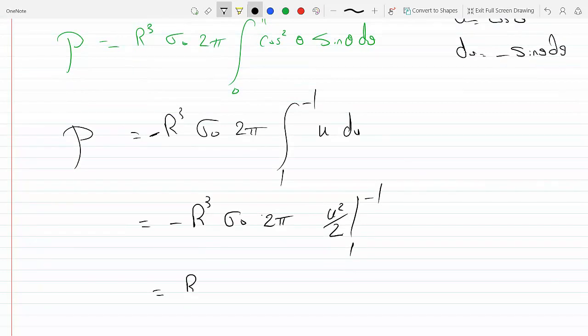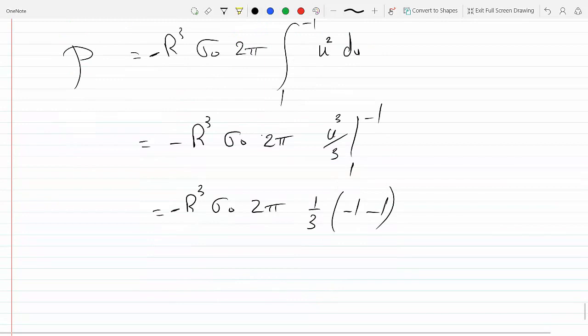So what do we get here? Wait, this is u squared. I messed up here. This is u squared, so this is u cubed over 3. So this is 1/3 times minus 1 minus 1, and there's a minus here.